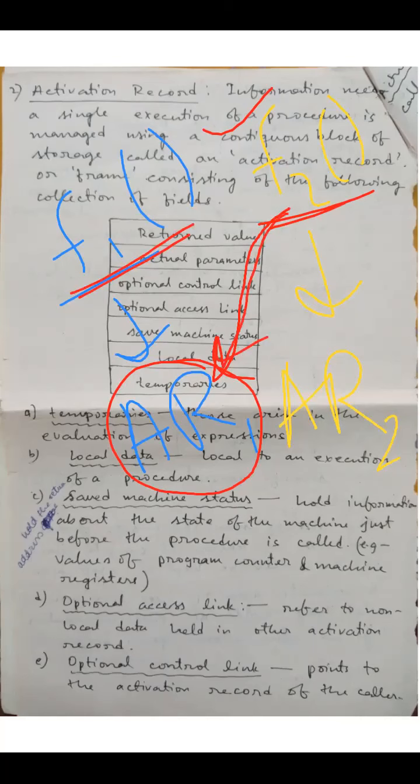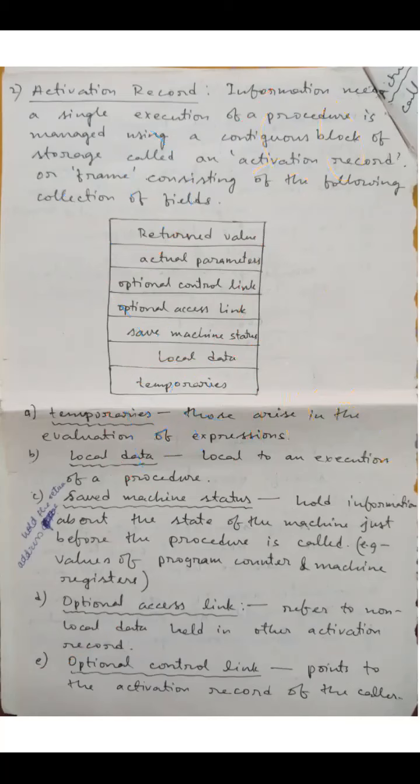So any called function stores a pointer to the activation record of its calling function. This pointer is stored in the optional control link field. Okay, so next field.